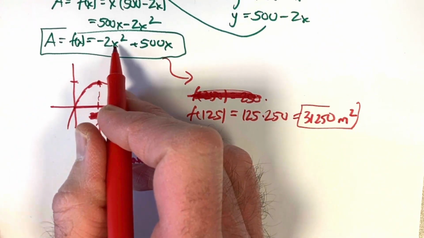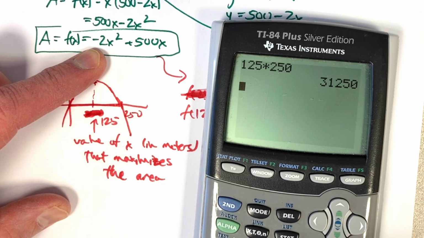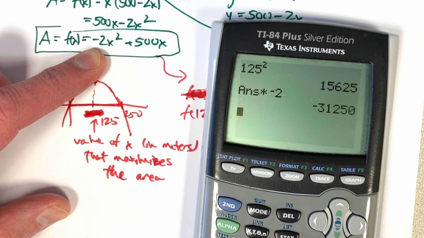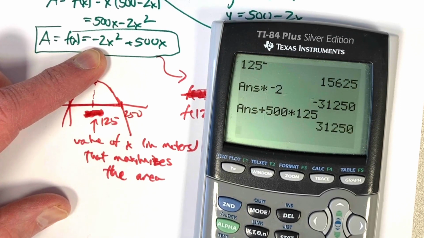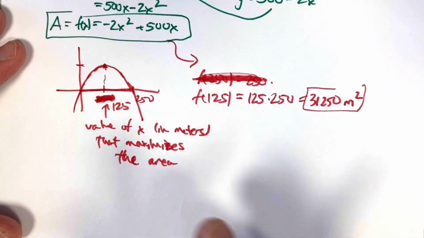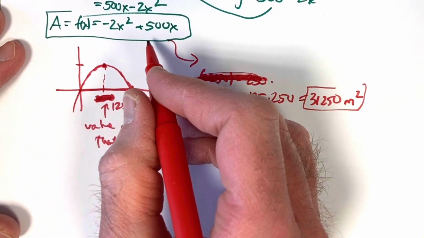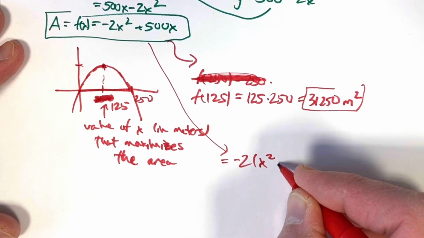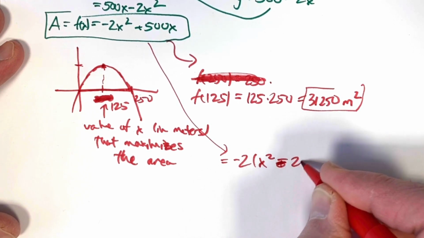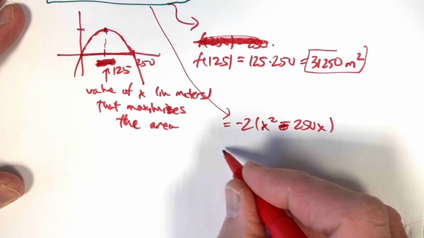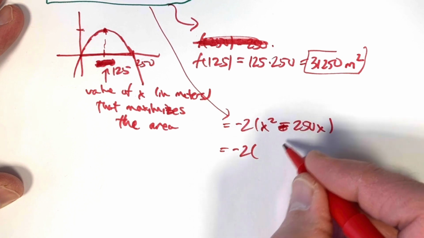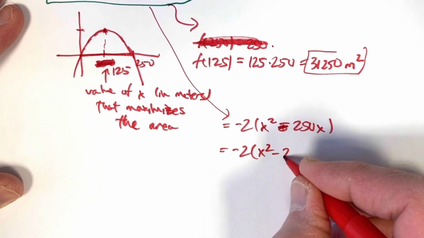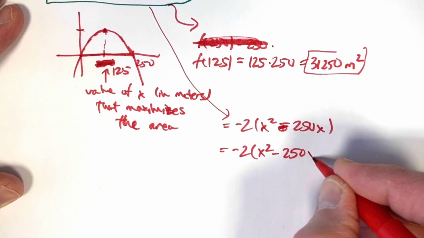You could just double check it here as well by plugging it into this form. X equals 125. 125 squared times -2 plus 500 times 125 also gives you 31,250. You can complete the square here to confirm the vertex form if you like. You'd want to factor out a -2 like this. That would be a minus 250 x there. You'd want to then take the coefficient of x, the -250, divided by 2 to get minus 125, and then square that number.